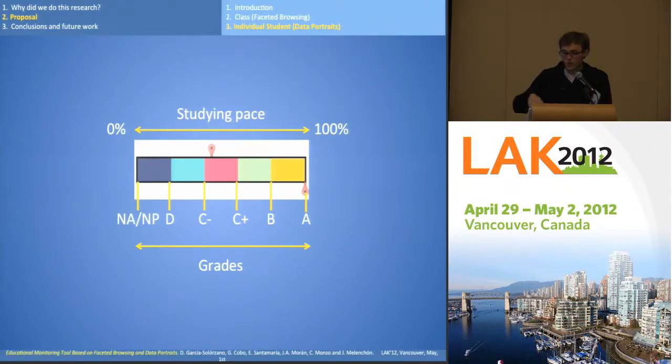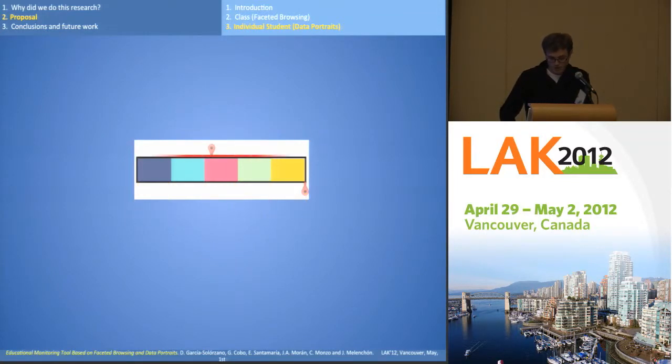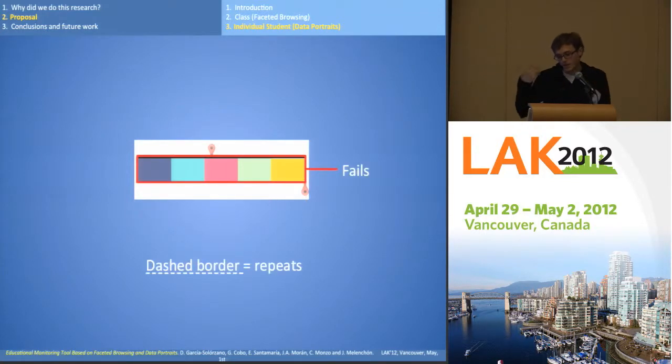And on the bottom, we can see a discrete axis that represents the average grade. If the border is red, it means that this student is about to fail, and if the border is dashed, it means that this student is repeating.